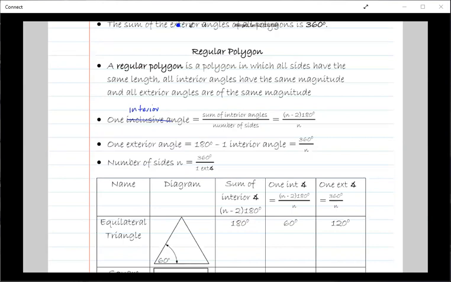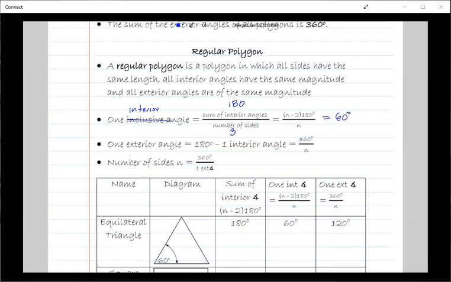An equilateral triangle is an example of a regular polygon. For one of the interior angles of an equilateral triangle, the sum is 180 degrees, divided by the number of sides, which is 3. One of the angles in an equilateral triangle measures 60 degrees.